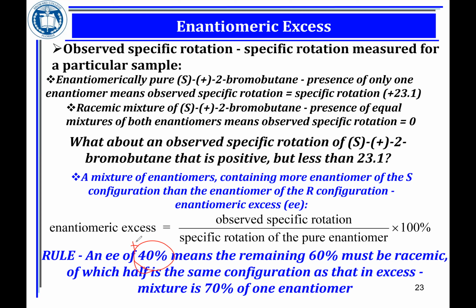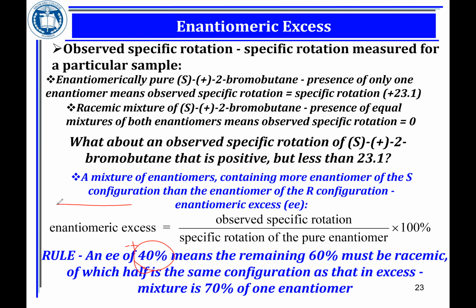If this is for the plus, that means you have 40% more of the plus compared to the minus. So if you have a 70-30, that means you have 70% of the plus one compared to the other one. So you have more.